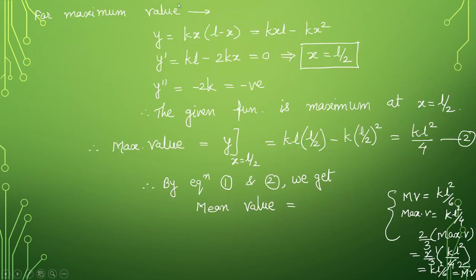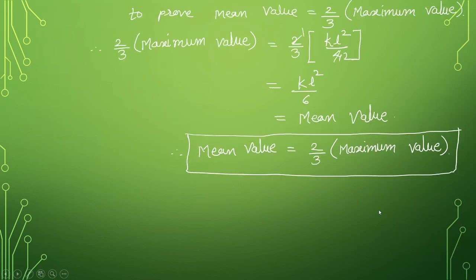For the maximum value, we differentiate the term, set it equal to 0, and for this value we find y double dash, and if its value is negative, then the function is maximum. For this maximum, we substitute x equal to L by 2 in y, and we get equation number 2, that means k L square by 4. Then from equations 1 and 2, we easily write down the required result. This is the required result.